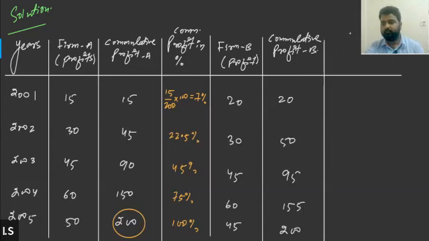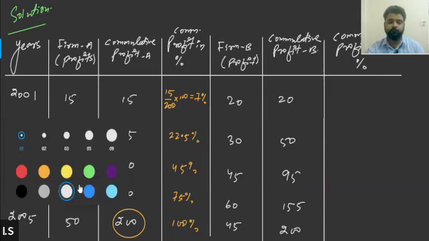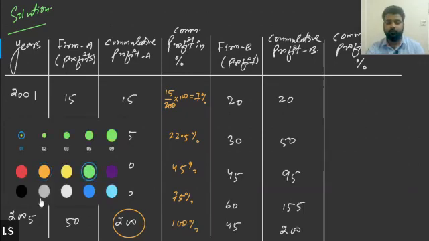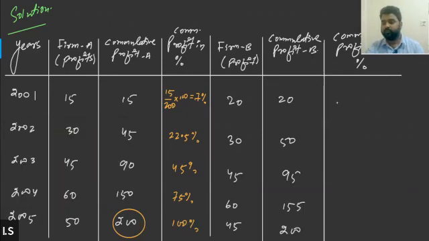And then after that, we will be calculating the cumulative percentage of profit. So cumulative profit in terms of percentage. Okay, and percentage we will calculate again 20 by 200. It will be 20 upon 200 into 100. It will be 10%.